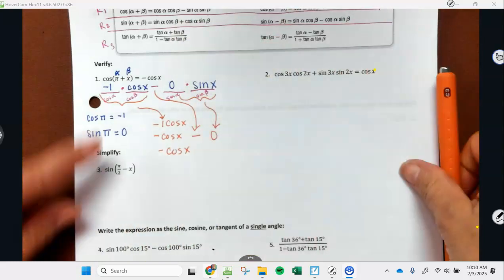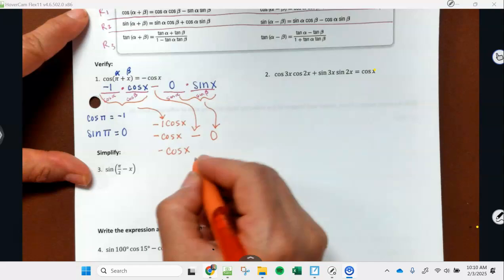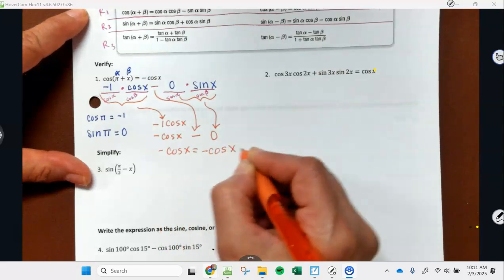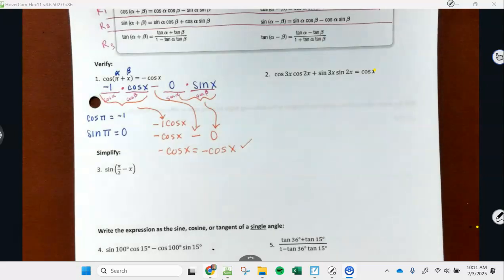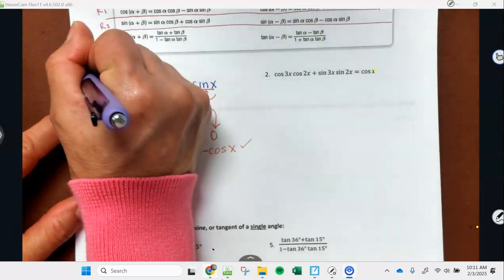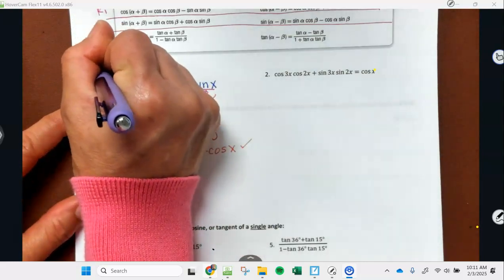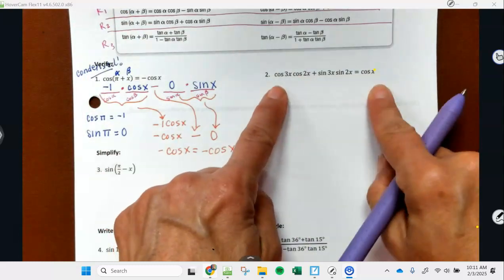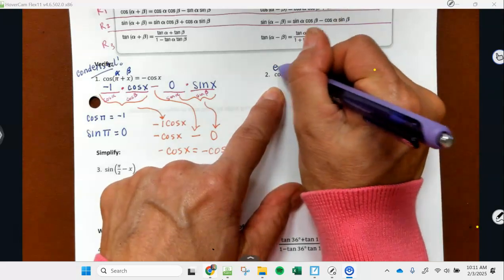So now I'm ready to bring down the equal sign and then the right-hand side, which is verified. So remember, guys, this started out in condensed form. This one is starting out in expanded form.